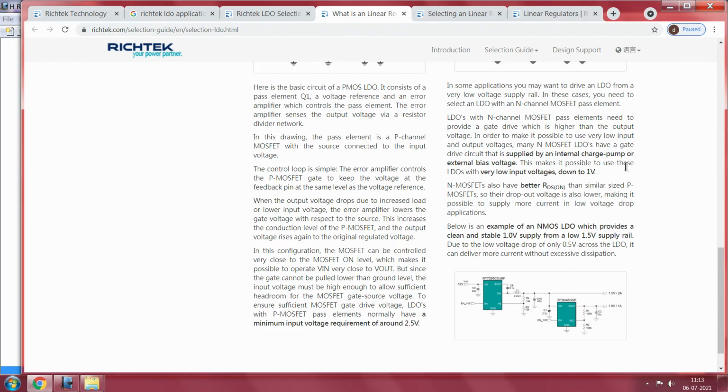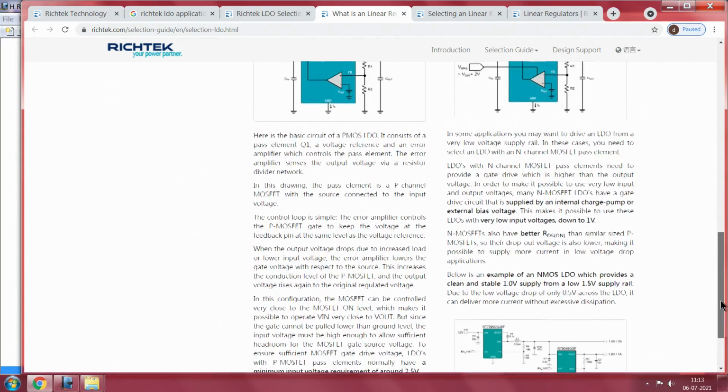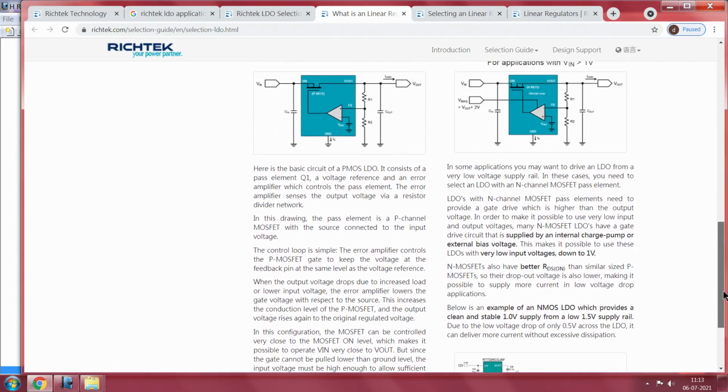This makes it possible to use these LDOs with very low input voltages, down to even 1 volt. So if you want 1 volt at the output, you give 1.2 at the input and you will get 1 volt at the output. So you can regulate very low input voltages. That is the good thing about the N channel because of its inherent characteristic.